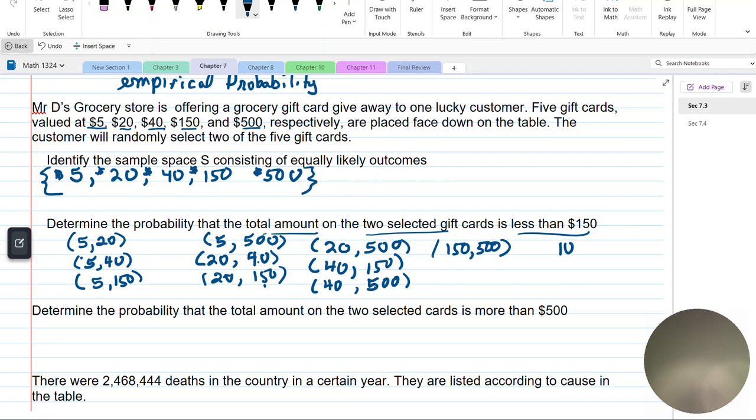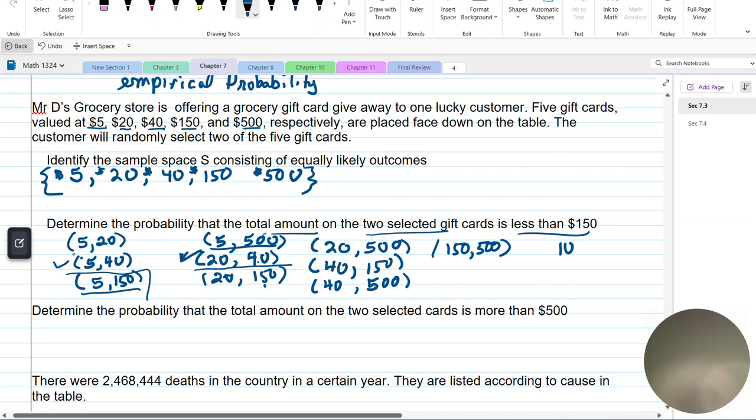And they want the gift cards total less than 150. So we know all of these here are not going to make it. All right, this part here. So those are all over 150 because they have the 150 card in them, and this one too. So this one is not included. So we have this one, and that's not, this one, and this one.